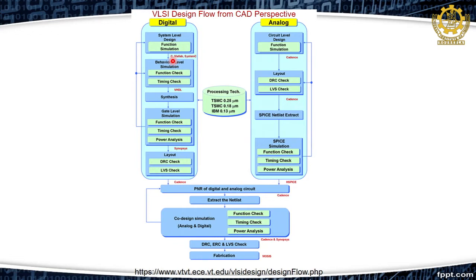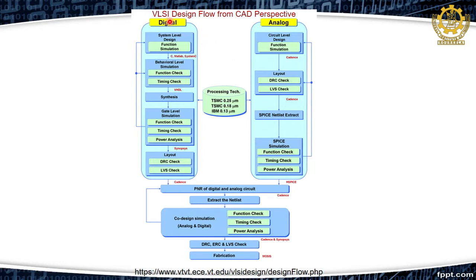Okay. So, if you see, this entire design flow is divided into two parts. One side is digital design, another side is analog design, and you will find lots of words written which are keywords in the VLSI industry. These may be new things for a beginner.